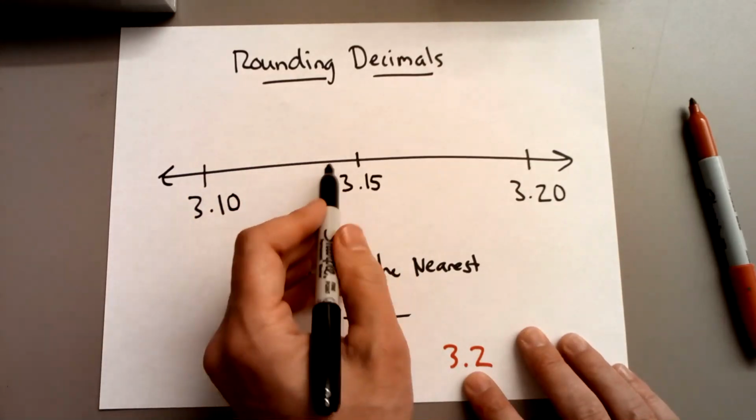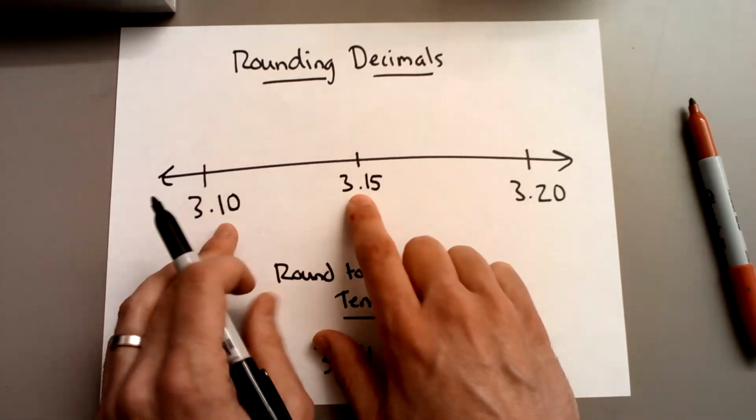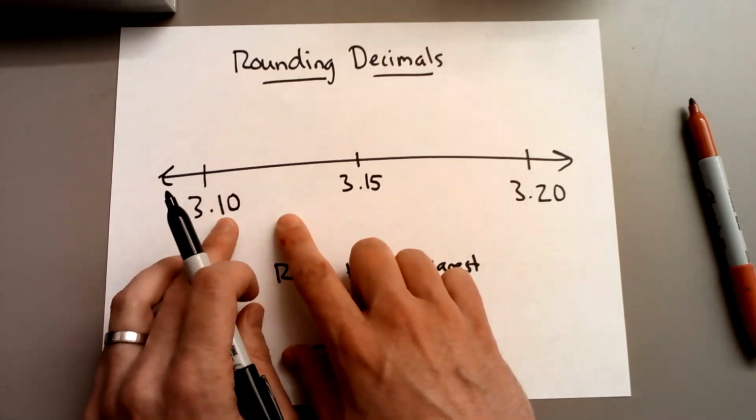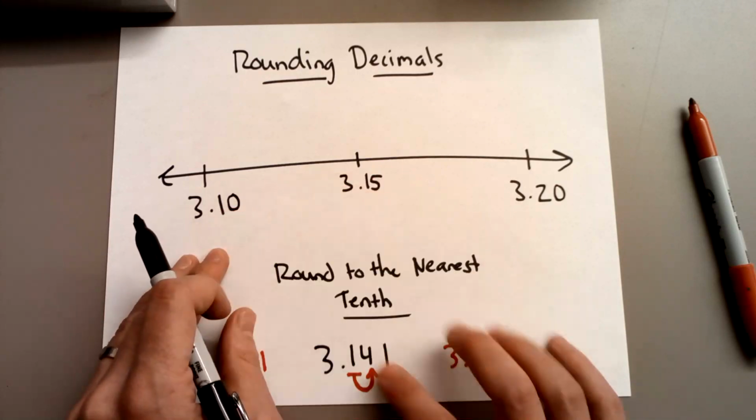So now I can fill in the rest of this number line. Any numbers between 3 and 10 hundredths and a little less than 3 and 15 hundredths would be closer to 3 and 10 hundredths.